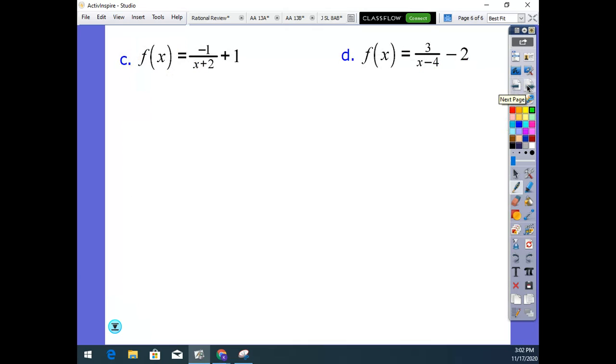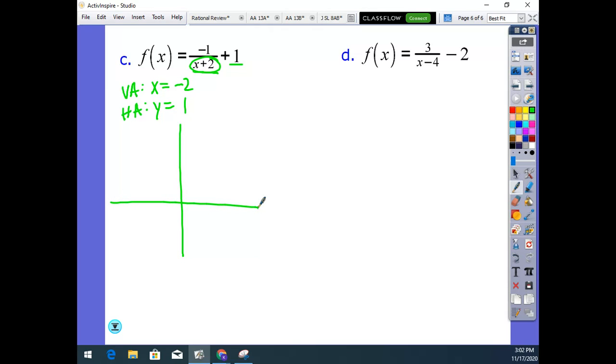All right, let's look at this one. Vertical asymptote, horizontal asymptote. The vertical is x is -2, y is 1. So now I'm going to graph my two asymptotes where x is -2 and y is 1.